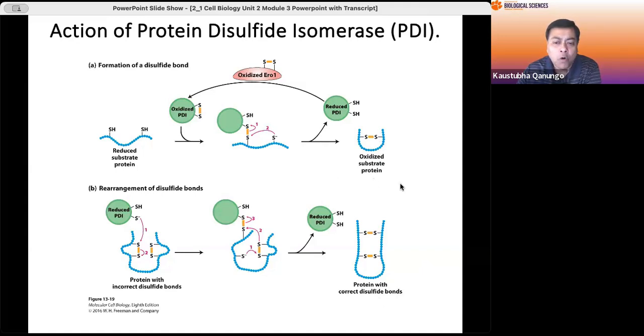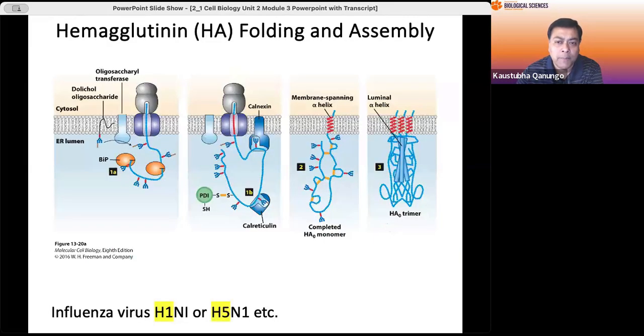So it can form and reform disulfide bridges and help in proper refolding. Just one function. So here, it just shows all the proteins together. See the BIP helps in preventing backsliding and also other things.